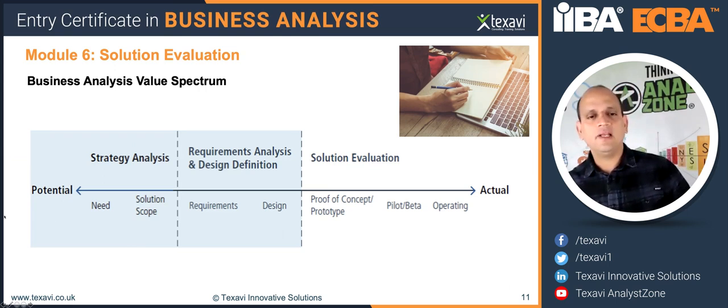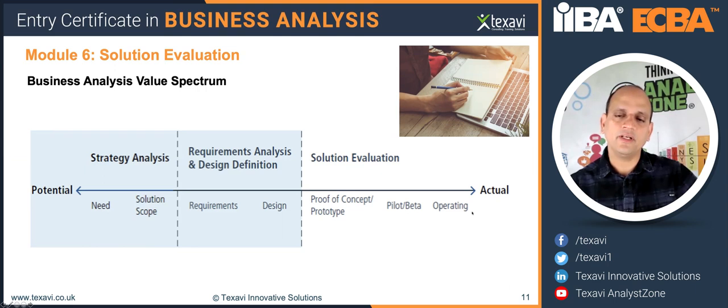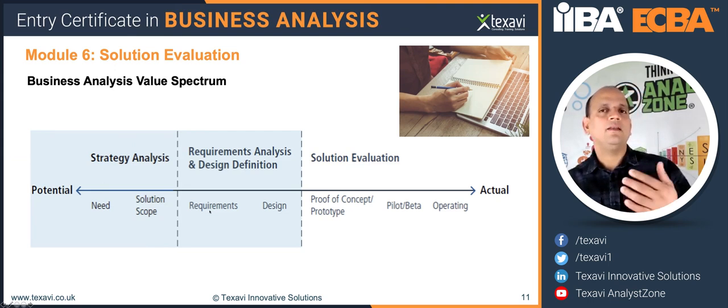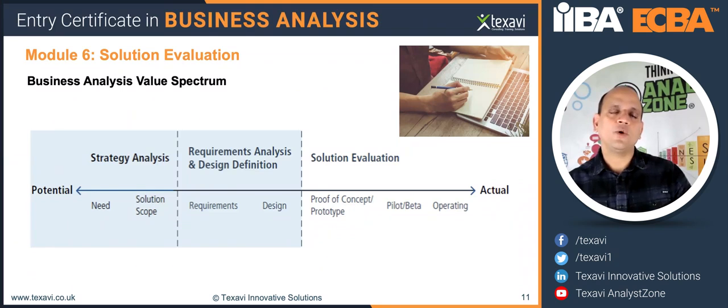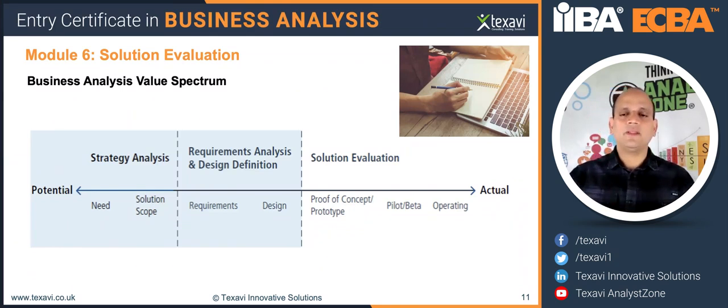You need to go through this journey to deliver from the need all the way through to the operating. You identify the needs, come up with a solution scope, create the set of requirements, trace, prioritize, and analyze them, and then validate and verify the requirements. Then you come up with design options, evaluate and analyze them, and choose the best solution out of all those options.